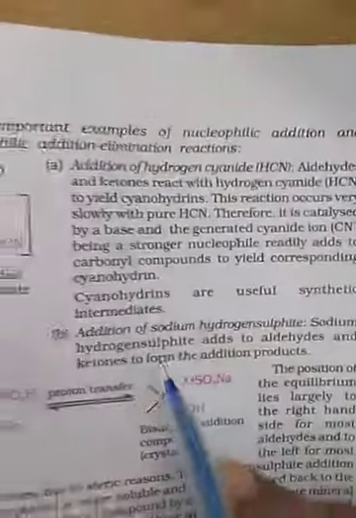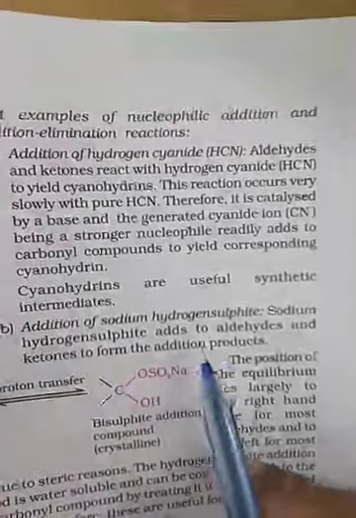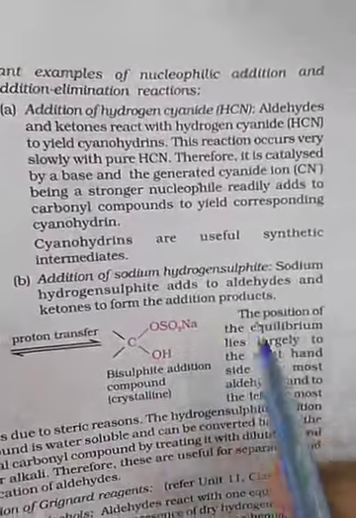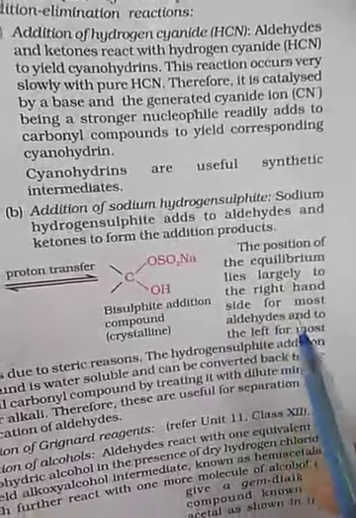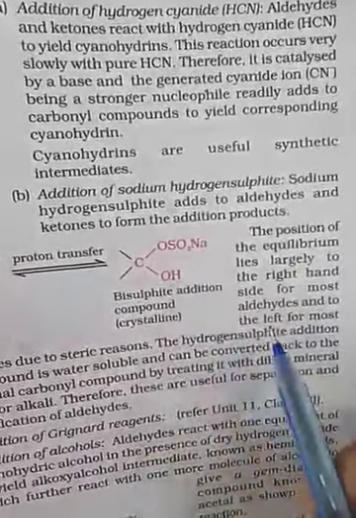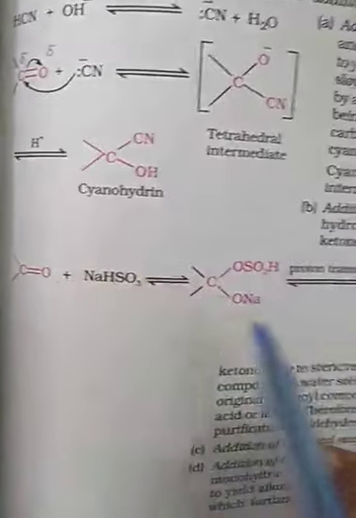So sodium hydrogen sulfite adds to aldehydes and ketones to form addition products. The position of the equilibrium lies largely to the right hand side for most aldehydes, and to the left for most ketones due to steric reasons. Here I showed you ketones.